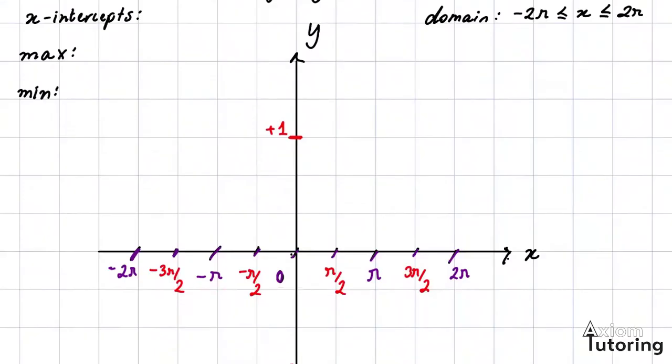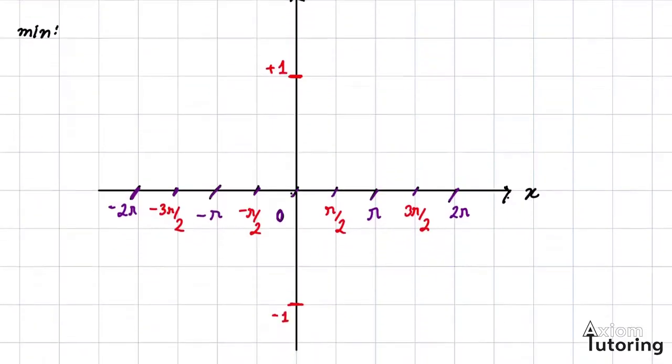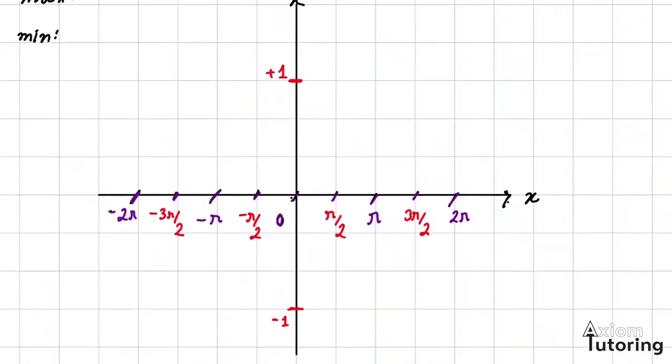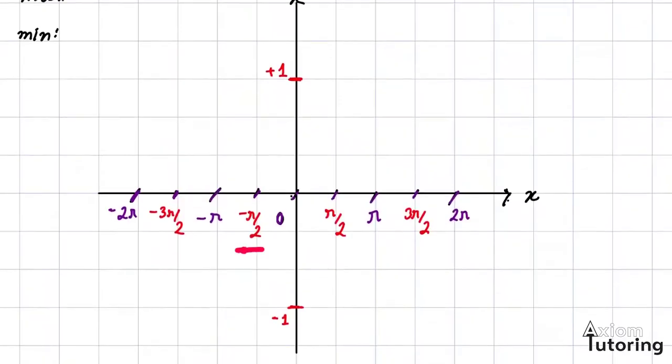The maximum points of 1 occur at -3 pi over 2 and at pi over 2. And the minimum points of -1, so scroll down so you can see that, occur at -pi over 2 and at +3 pi over 2.